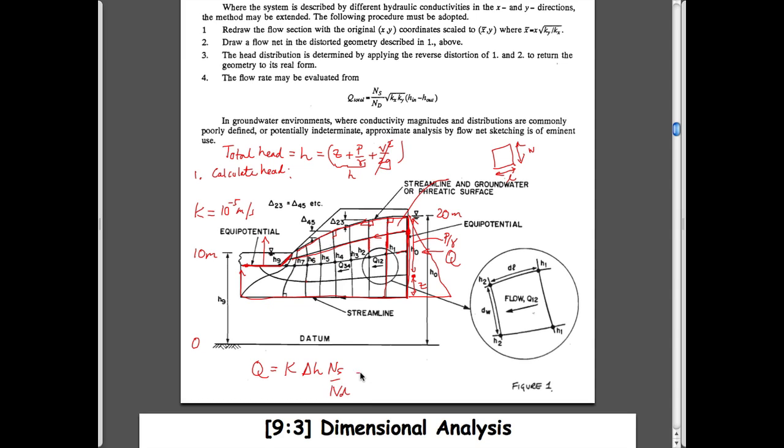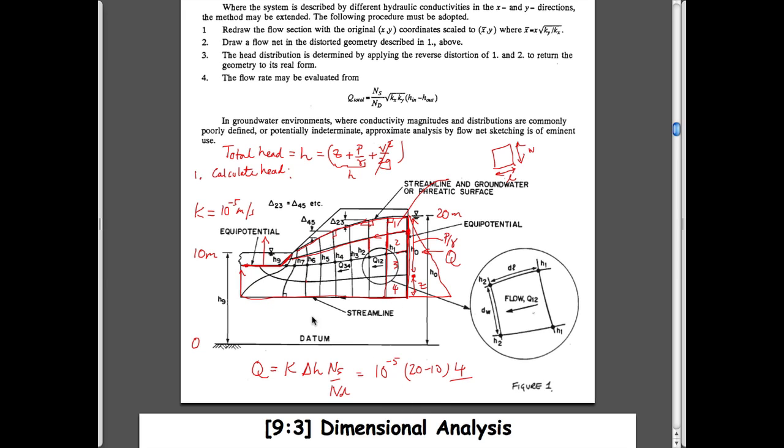Then it's equal to whatever this is. Delta H is going to be 20 minus 10, and it's going to be multiplied by the number of stream tubes, 1, 2, 3, 4.